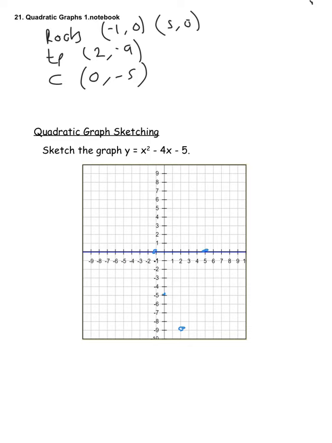Okay, not terribly accurate on the device I'm using, but what I'm going to do is join up those points, and that should give me somewhat of a parabola that looks a bit like that. Okay, my wiggly line is not very good, but I'm sure you can do a better job on a piece of paper.